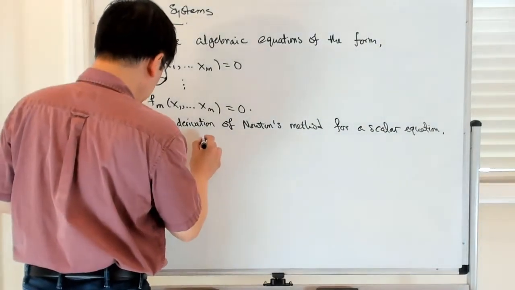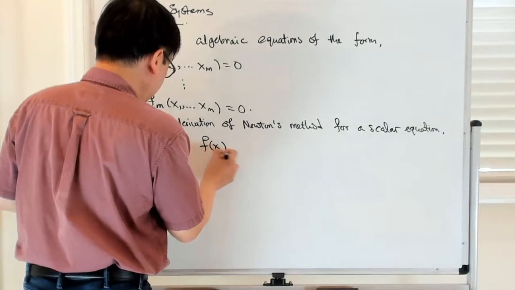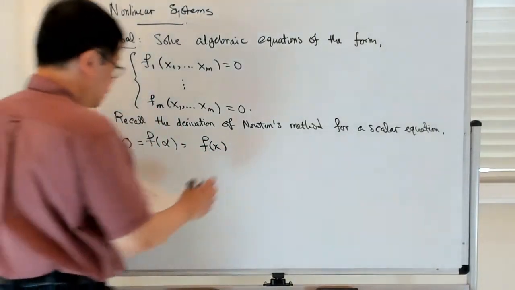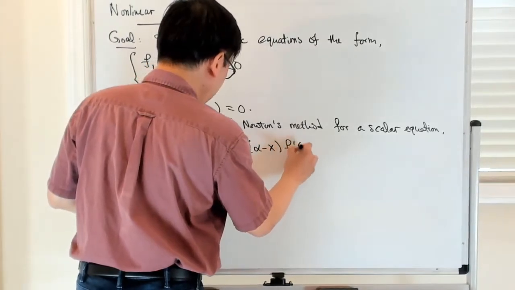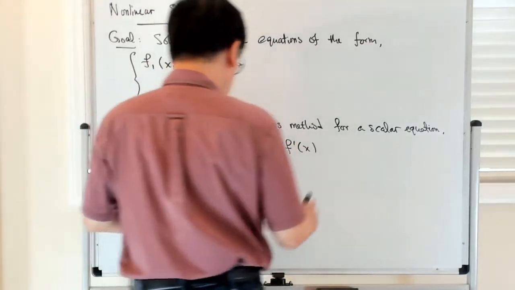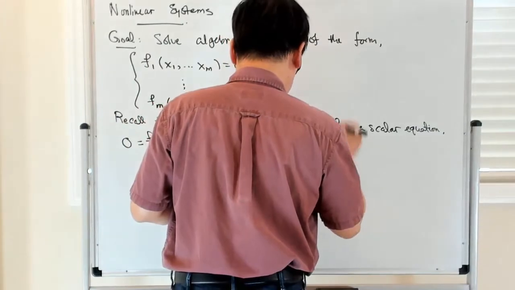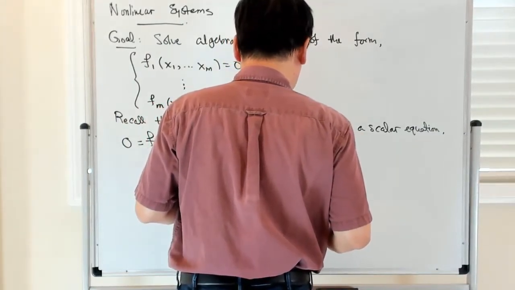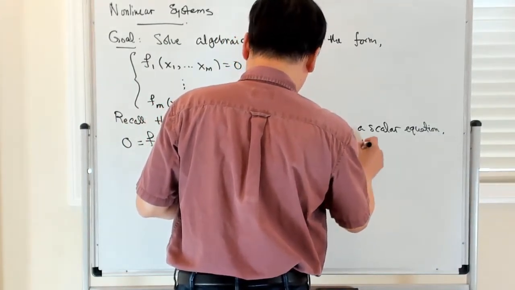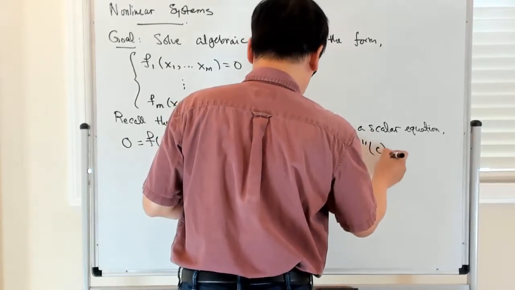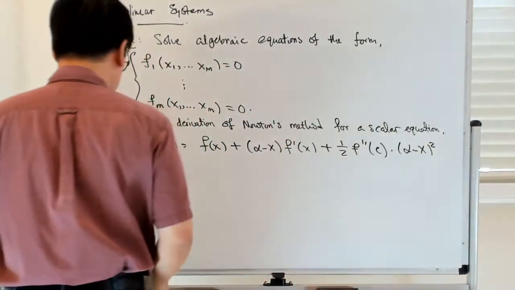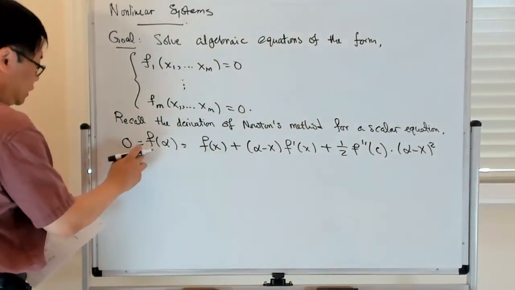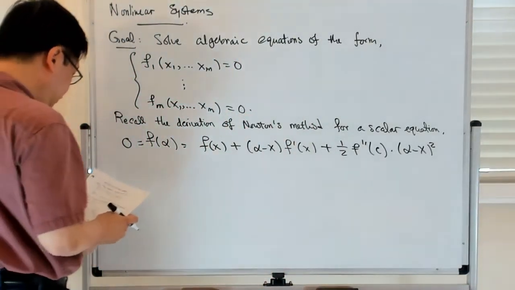So this is f at the point I'm expanding about, plus alpha minus x times f prime at x, plus this Taylor remainder term, 1/2 f double prime at some unknown point c times alpha minus x squared. And then we assume that alpha is the root, so f at alpha is 0.